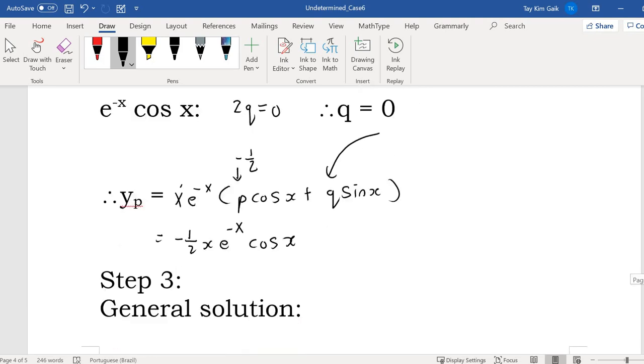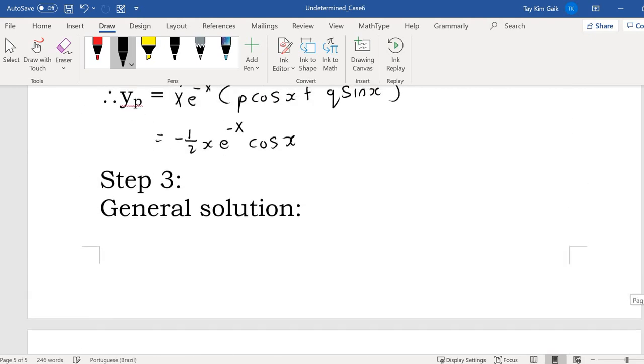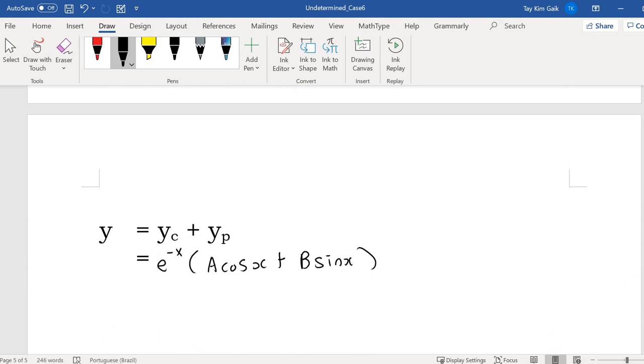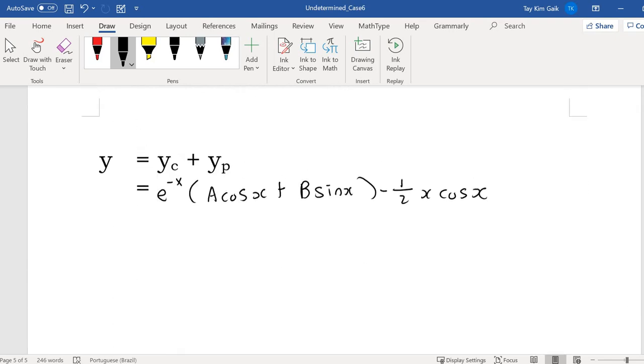Hence, the general solution is yc plus yp, where yc is exponent negative x, a cos x plus b sin x, plus the yp that you obtained here, which is negative half x cos x times exponent negative x.